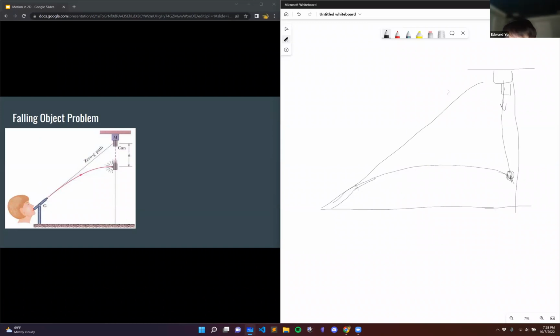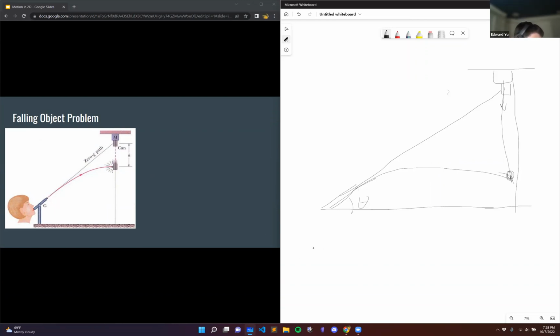You would actually have to shoot it at the can, because if you draw it out, I'll do all these weird lines. You have to shoot it at the can, because at 0 g in this picture, you can see that it would only hit it if it was aimed at the can. But since there's gravity now, it would be a projectile motion like this, and then the can would fall like that. So we can write the equations to actually prove this.